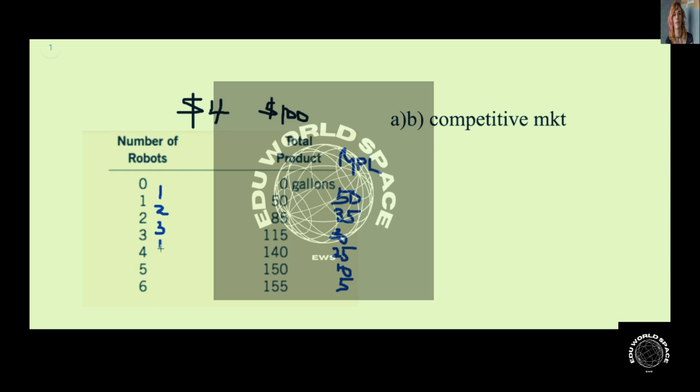Okay, so then I'll finish here quickly. 4, 5, and then 6. What about the value of the marginal product of each labor?